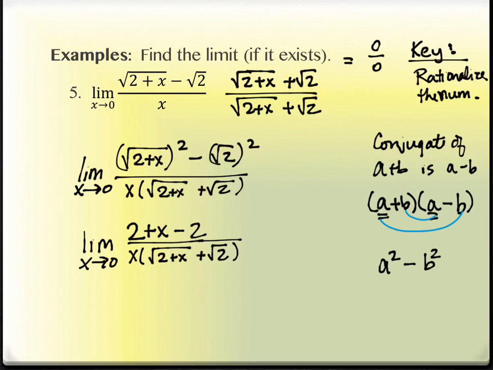Okay, is everybody good? So part of that numerator simplifies. What simplifies? The 2's simplify. That's great. But there's actually one other thing that simplifies: the x's. So right here, this x and this x simplify.